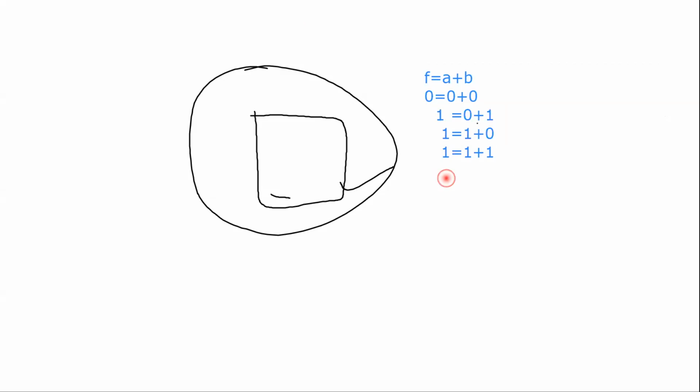Three 1s and only a single 0. Clear? Note down this, and this is a truth table. Note it down, girls.